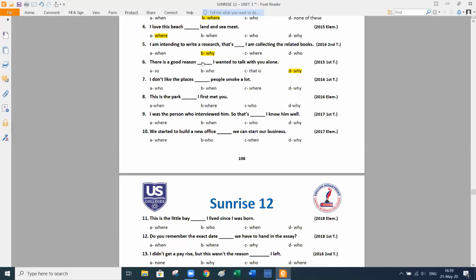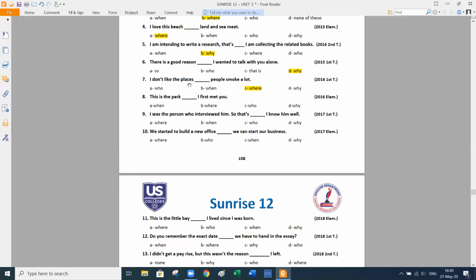So the relative pronoun that you put here shouldn't be the object. And because we have reason here, we simply say why. Next one: I don't like the places blank people smoke a lot. Ministry exam question, so most probably because we have the word place here, the answer should be where.